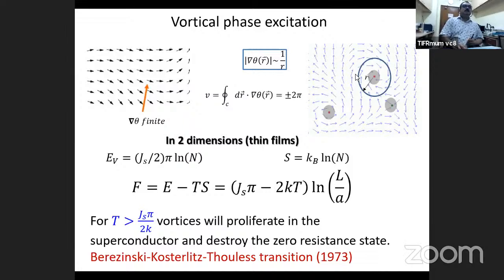Wherever you see this red point or the green point, let's say here or here, this is where I have a vortex. What does it mean? Around the vortex, the modulus of grad theta goes as 1 by r. That means at the center of the vortex, grad theta is actually infinite, in the continuum model.